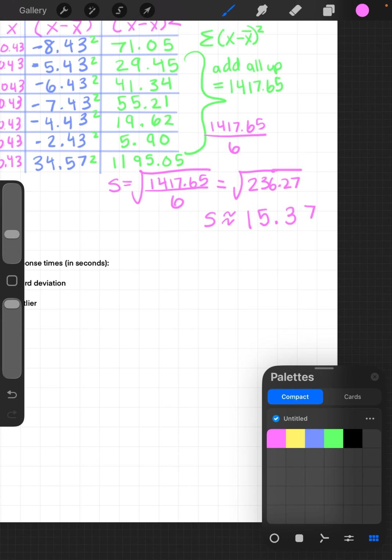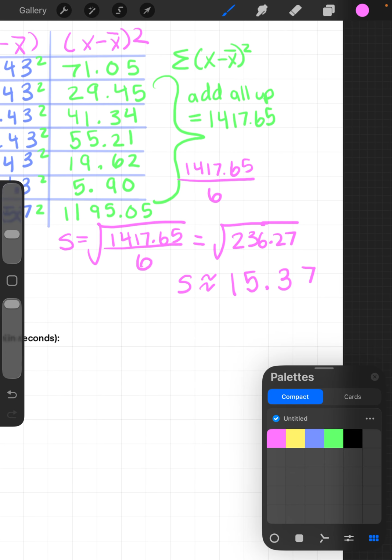If you didn't square root it, it would be the variance. Well, let's get the variance first too.